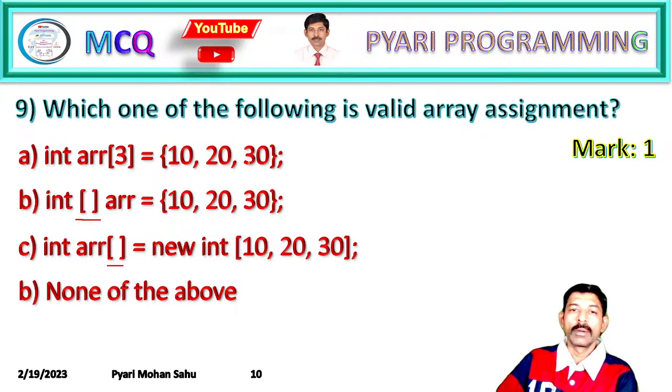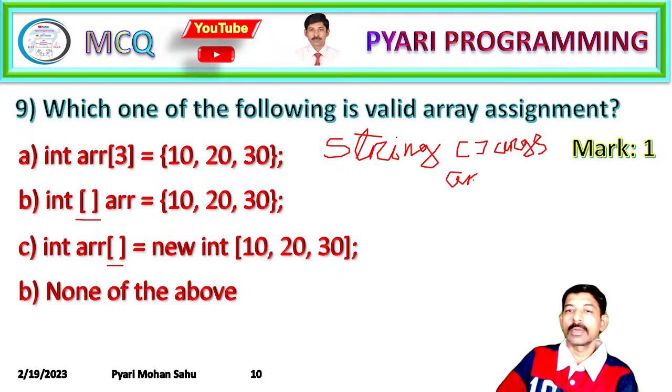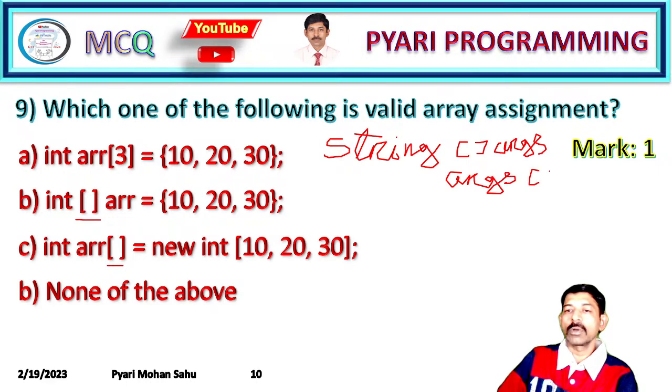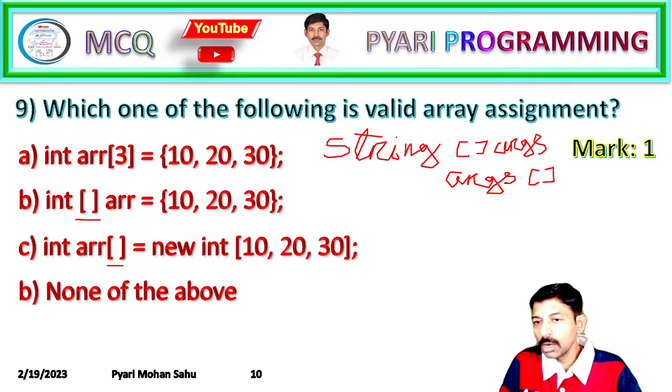When you are writing in a main method, you are writing String. How do you write args? Does the square bracket come first, and after that your args comes, or does args come first, and after that the square bracket comes? Because this is also an array. None of the above.